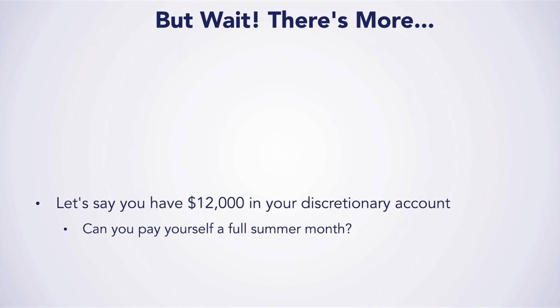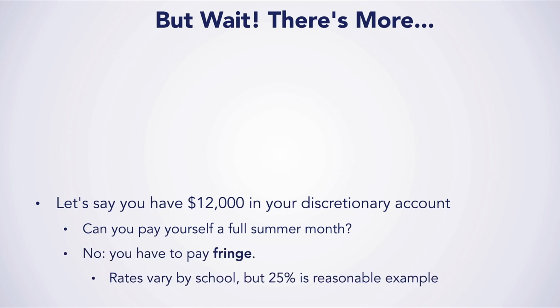But wait, it gets a little more complicated. Let's just say you have $12,000 in your discretionary account, and remember that our example summer month was $12,000. Can you pay yourself a full summer month? It would seem like the answer should be yes, but you know that since I'm asking the question, it's got to be more complicated than that.